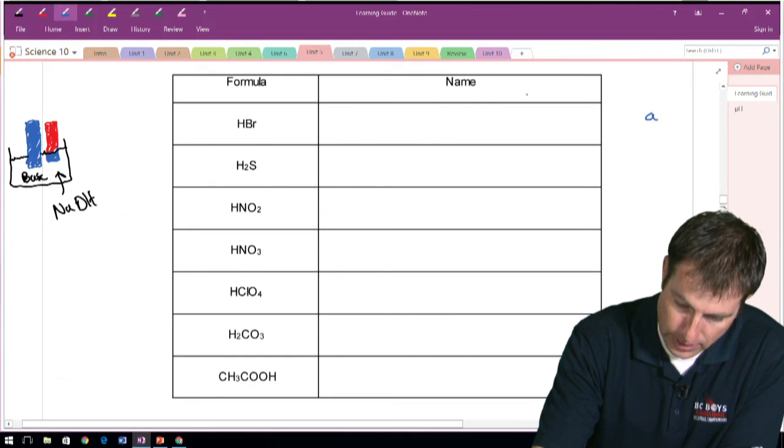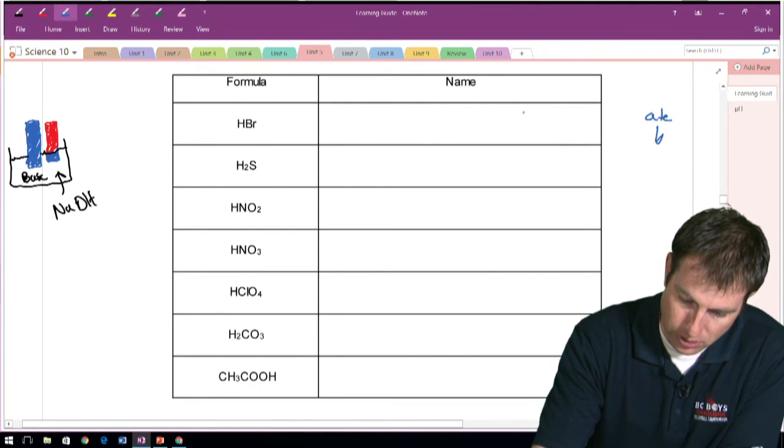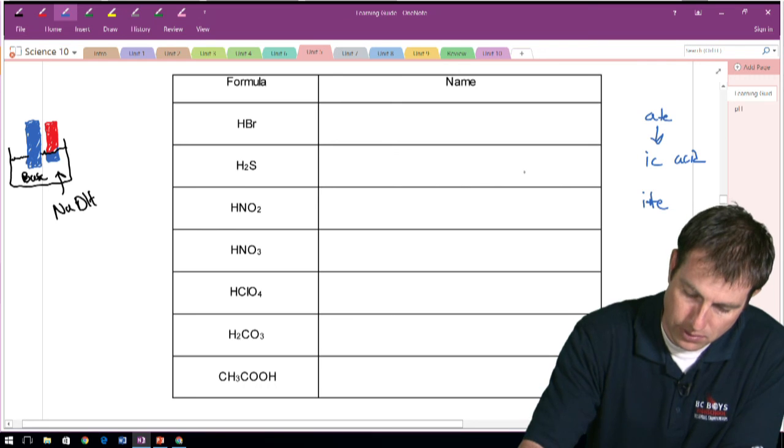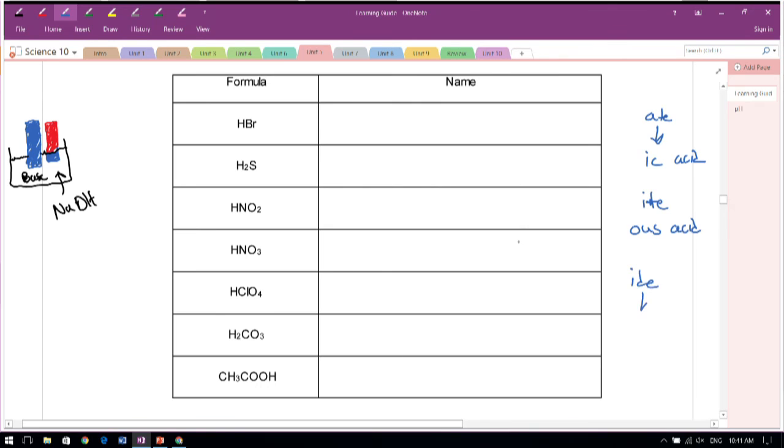So if it ends in "-ate", I change it to "-ic" acid, and if it ends in "-ite", I change it to "-ous" acid. And if it's an "-ide", it changes to hydro something "-ic" acid.